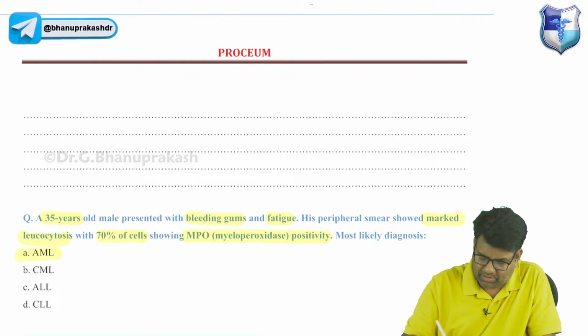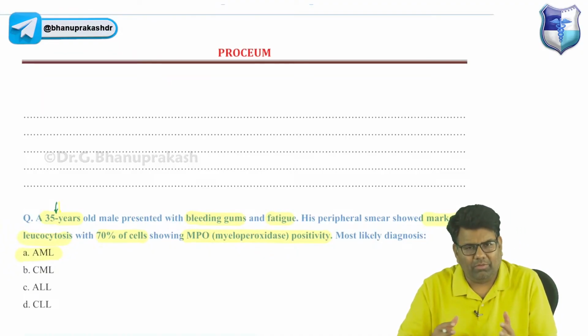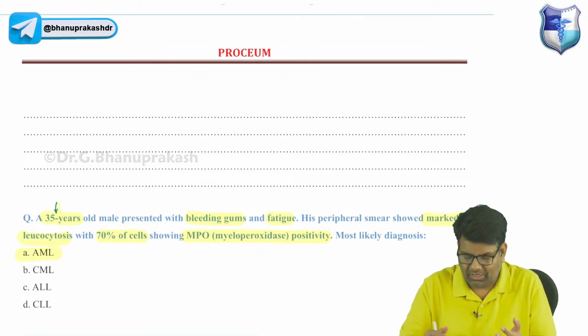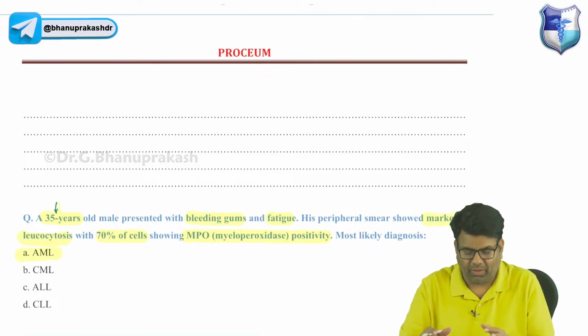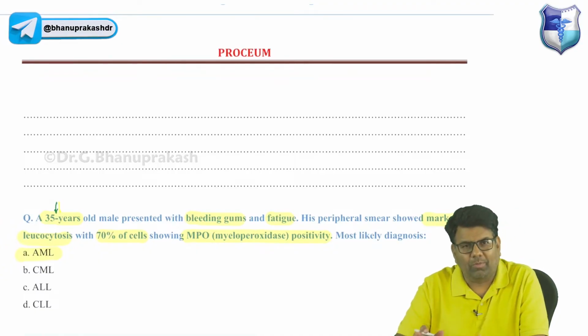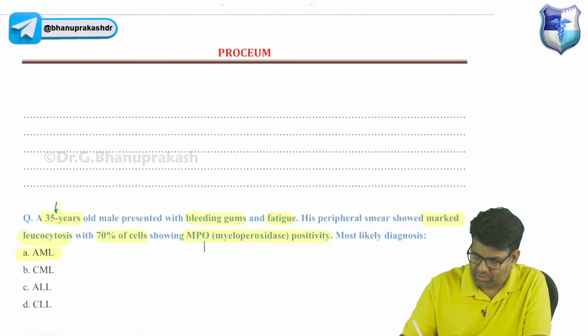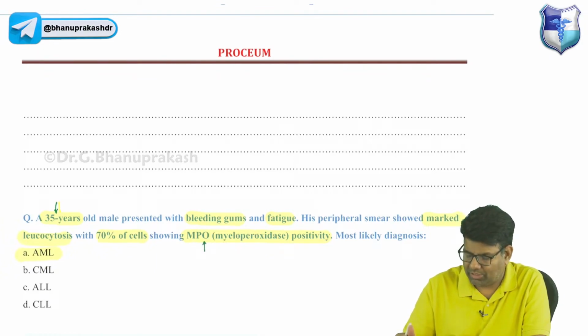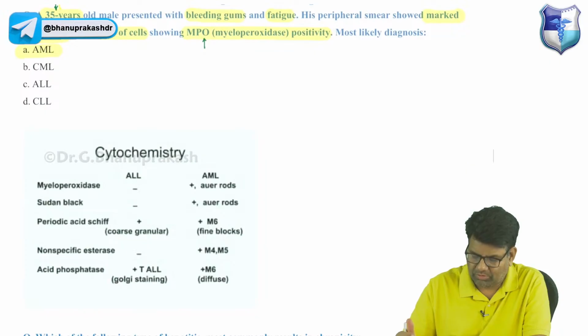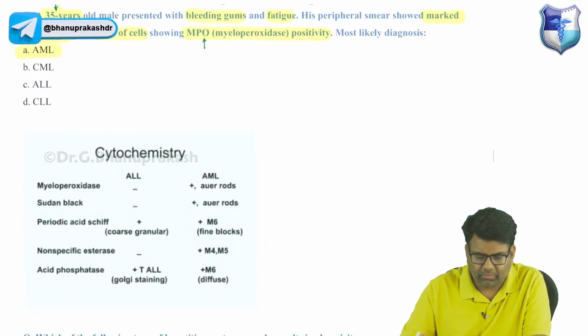And remember, age is very important here because many times AML and ALL have the same type of clinical presentation. It is just based on the age we can differentiate, because ALL is commonly seen in childhood and AML in adulthood. And of course, this is myeloperoxidase positive. You can see Auer rods as well. This is AML. Yes, AML.